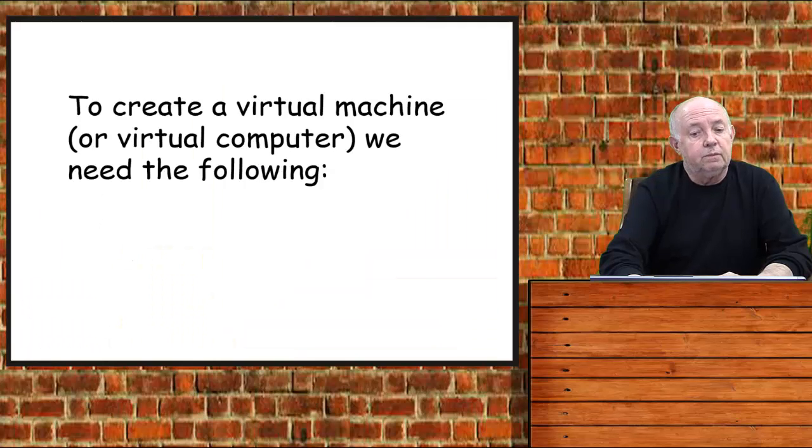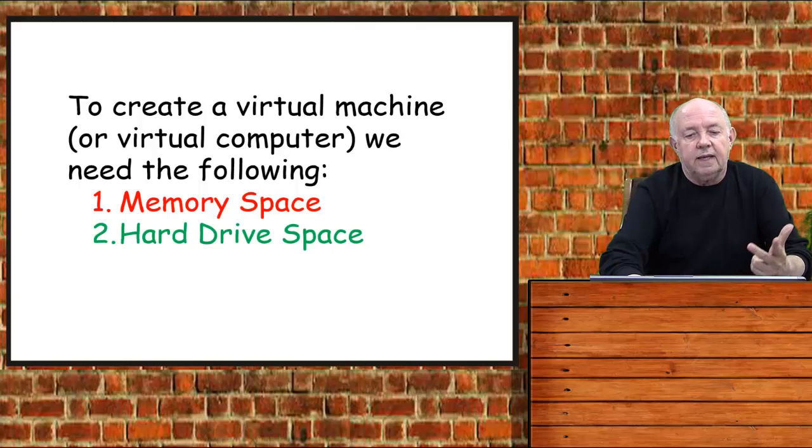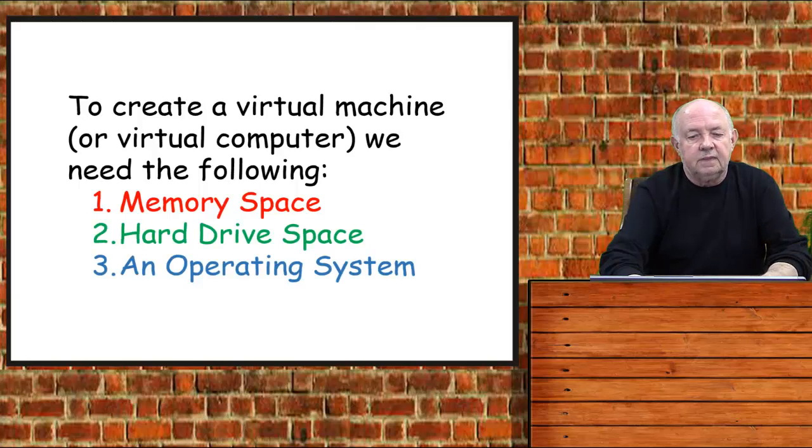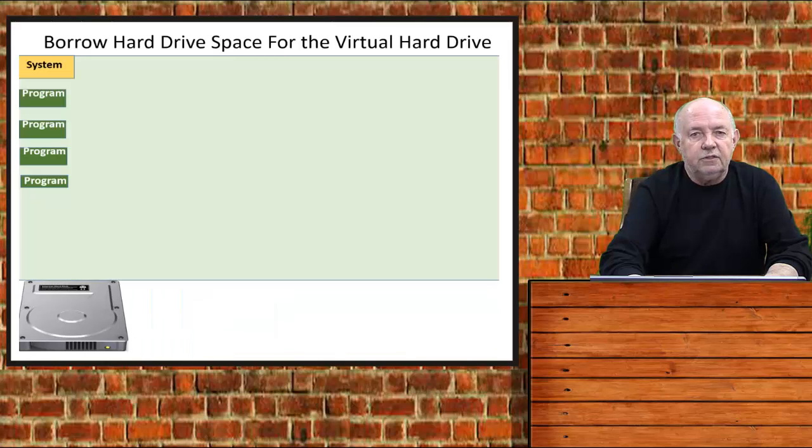To create a virtual machine, this is what we need. We need memory space, we need hard drive space, and we need an operating system. So what we need to do is borrow memory from the main system, or the host system, and we need to borrow a large hunk of memory. It's going to take quite a bit to get this thing running. And then we also need to borrow hard drive space from the hard drive.